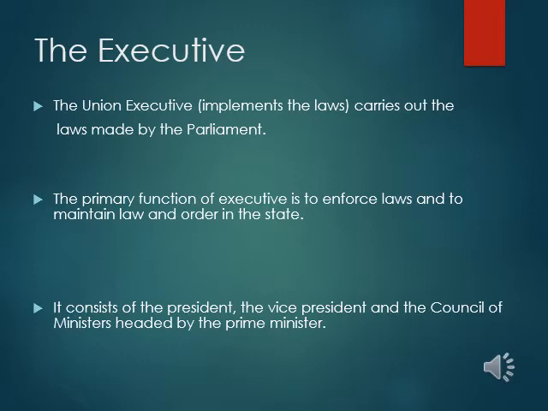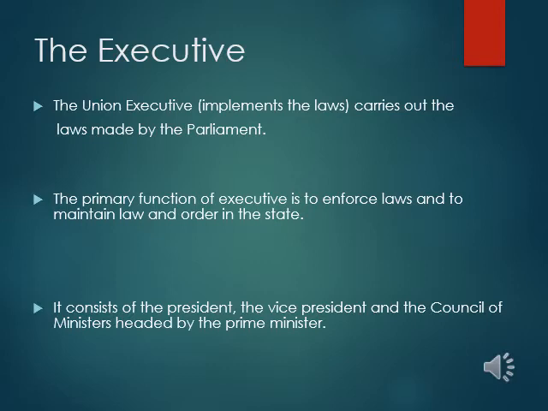The primary function of the executive is to enforce laws and to maintain law and order in the country or state as per the Indian Constitution. So, the executive of government is the one who is responsible for the administration of the country.